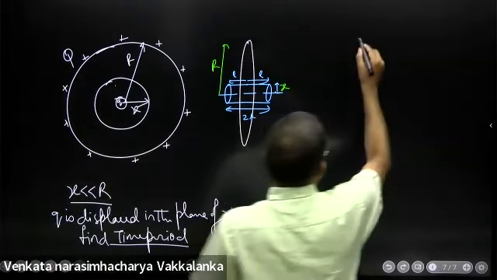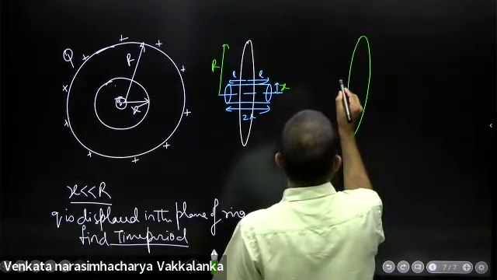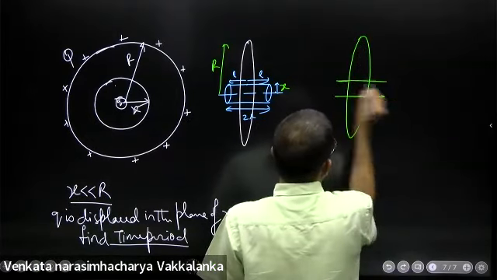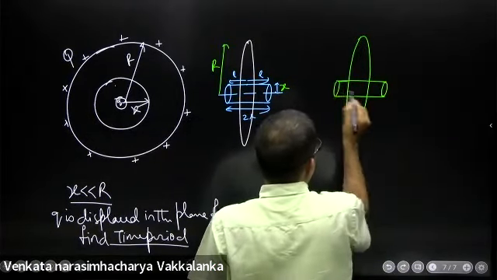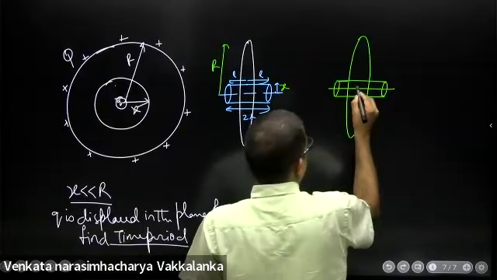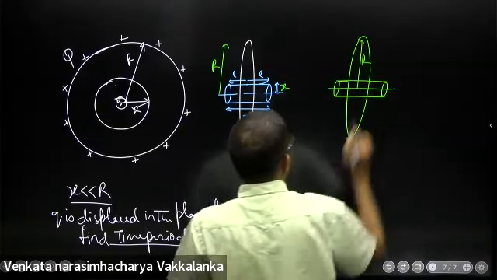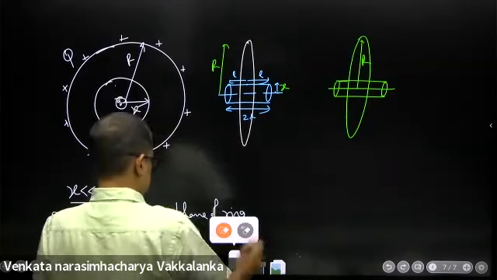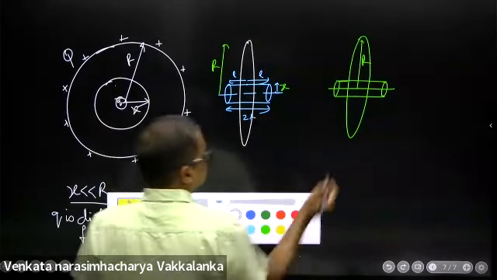I will redraw the diagram so that I can use it now. This is the cylindrical Gaussian surface. I slightly drew a bigger one. Change the color.